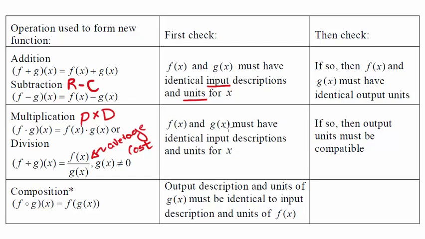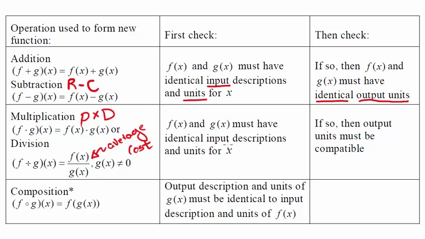We can't add dollars and years. Also, the output units must be identical. Again, we can't add degrees Fahrenheit plus cheesecakes. So let's say both of my input units are time and both of my output units are money.